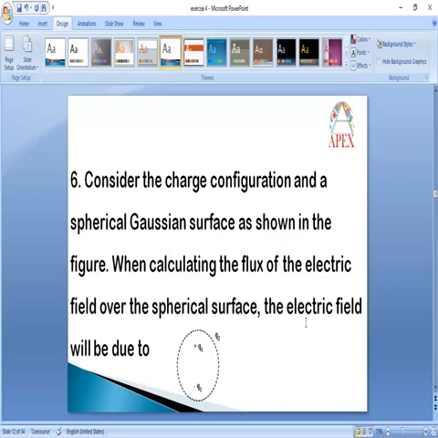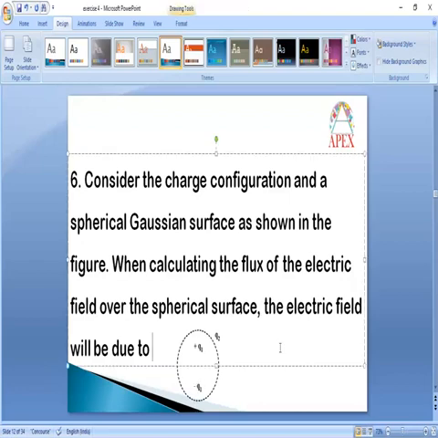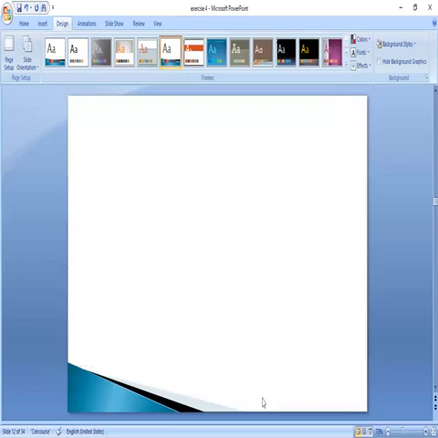They are asking us to calculate electric field will be due to. Electric field will be produced due to any charge at any position here. So due to all the charges here, electric field will be produced. But if the flux only they give, then we can go through only the charges inside the surface. But it is electric field, so it is produced due to all the charges given.